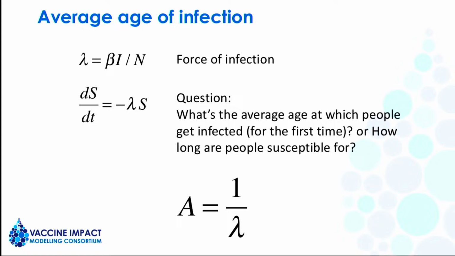We've defined a force of infection, so we've got a constant risk that someone might become infected. Again, we can go through the same steps that we just did. If we just think about our susceptible class, and we only think about how they exit it through infection, we've got an exponential decay differential equation. We can solve this. We can look at the expected value of our exponential function, and we can get to this. This A is the average age at which people get infected, 1 over lambda.